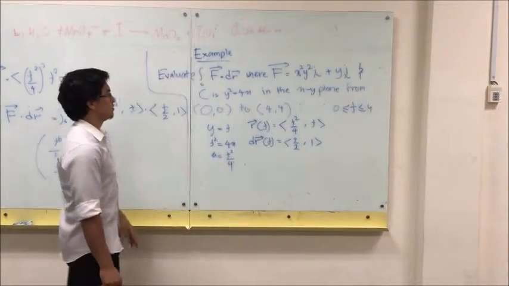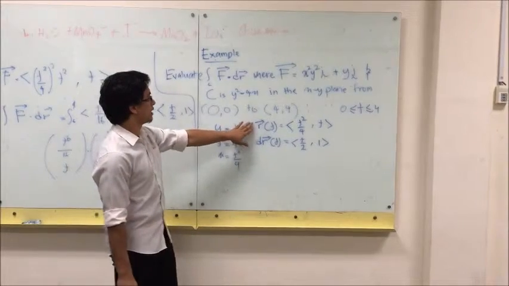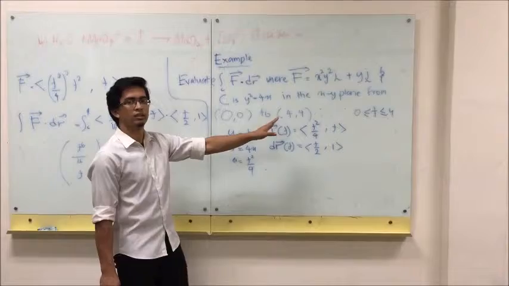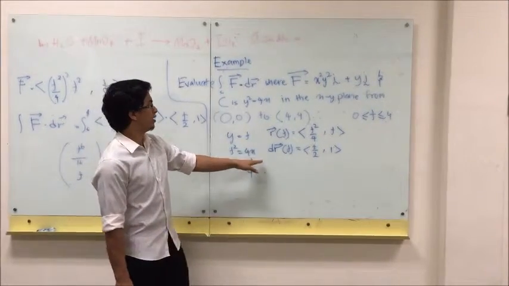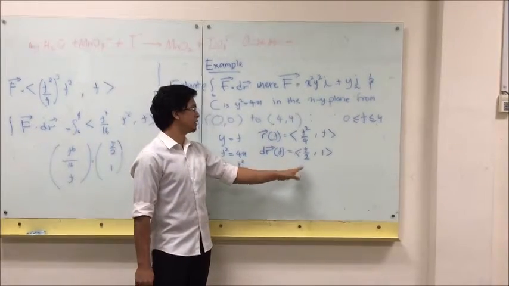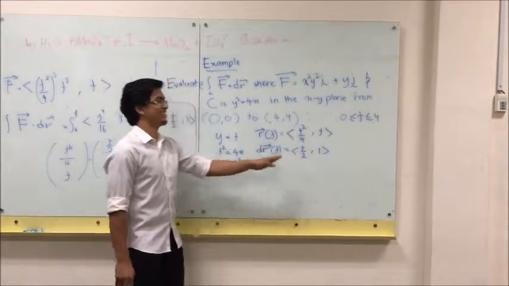Now let's look at vector r. Vector r equals (t squared over 4, t). When we differentiate vector r, we will get (t over 2, 1).